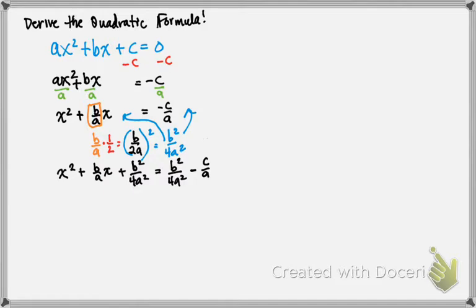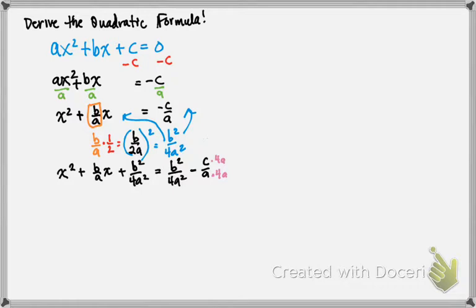Now, we do have the problem again that I have to have a common denominator in order to add or subtract. So we're going to multiply top and bottom by 4a.